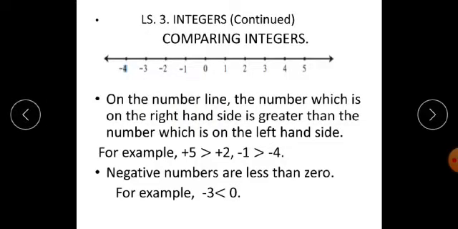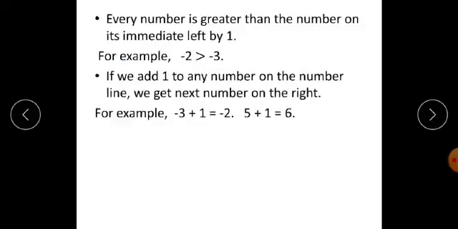So students, for this number line, if you add 1 to 0, you will get the next immediate bigger number, that is 1. If you add 1 to 1, 1 plus 1, 2, next immediate greater number. 2 plus 1 gives you 3, next immediate greater number, and so on.